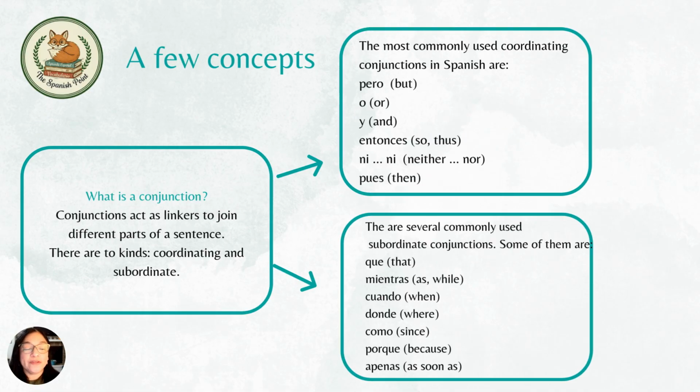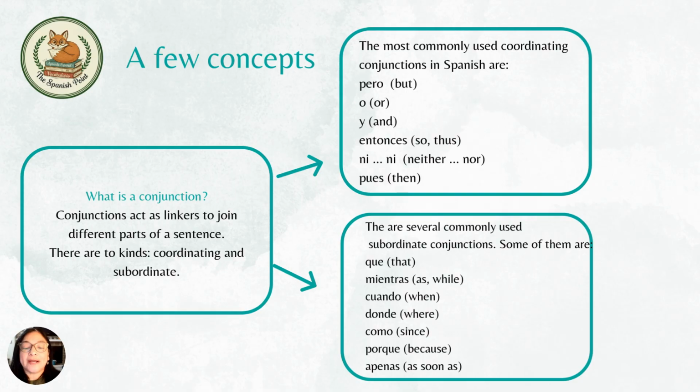The same happens with a conjunction. Conjunctions are pretty much linkers, words that we use to join two different parts of a sentence or two different sentences. And we have two different kinds of conjunctions in Spanish. The most common ones are the coordinating conjunctions, for example, pero, o, y, entonces, ni, and pues.